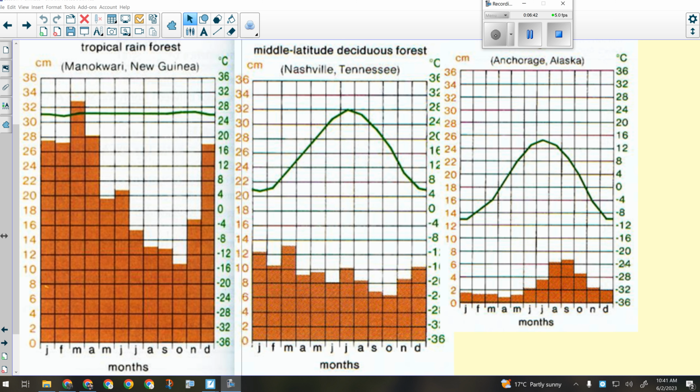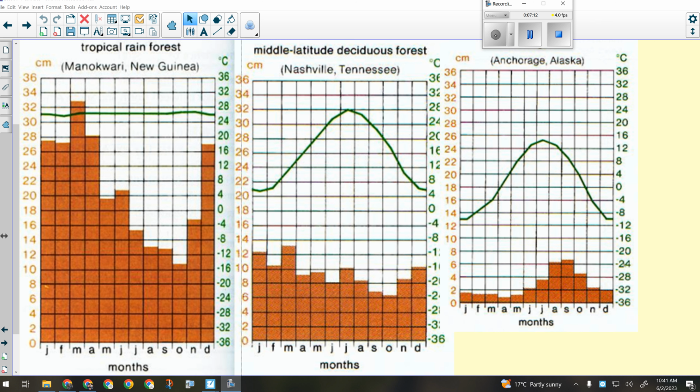If I decide I want someone to be able to see my precipitation lines really well, instead of making it look like there's basically nothing, I'm just going to make the rainfall scale silly. And now all these bars go right to the top. Then it makes the desert look like it's really wet next to something else. So you always have to look at the scale for both temperature and precipitation, because not every climate graph is the same, and sometimes the length of those bars can be misleading if you don't look at the scale. All right, everybody good with that?